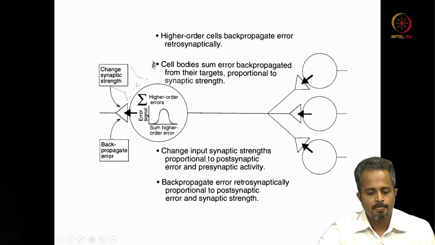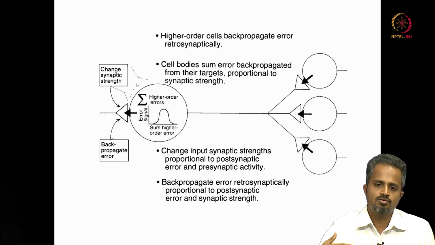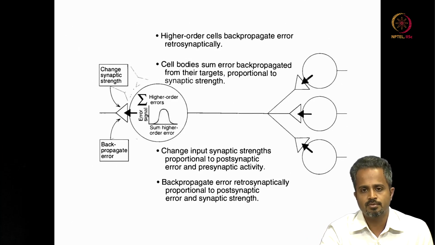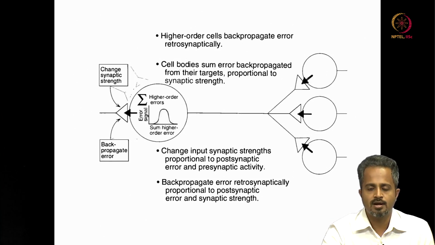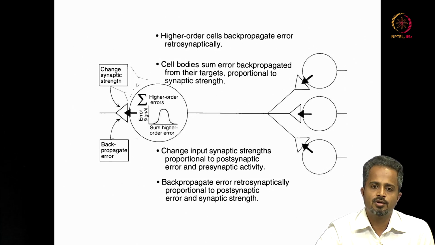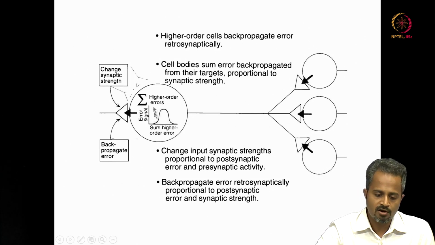So if you look, there are these higher order cells which back propagate, retrosynaptically. For example, the first time you try to reach for a target, you either overshoot or the cup falls from the table. That would send an error signal. You modify your action, then you go back and reach for the same target. That is the beauty of the neural network and the computation that happens, because there is a back propagation which modifies the synaptic strength and synaptic weight.